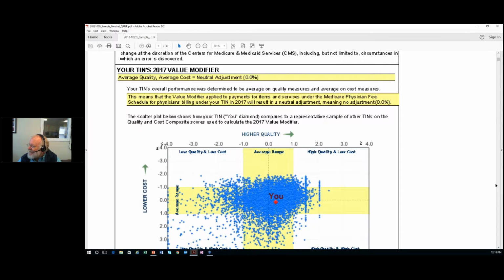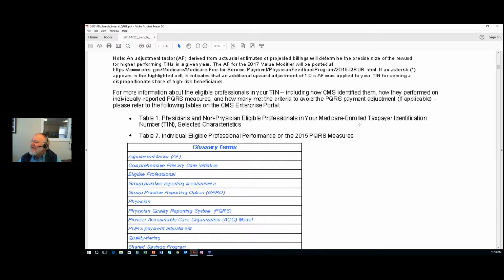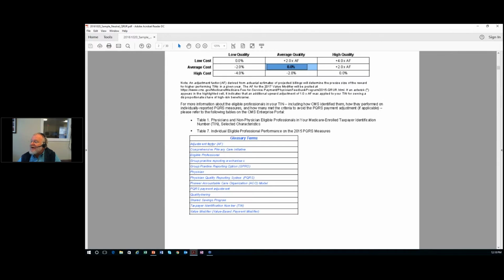So don't hesitate to file for an informal review. You can't get anywhere if you don't. They're not going to come back and correct their findings without your asking. So now let's continue to leaf through the report.